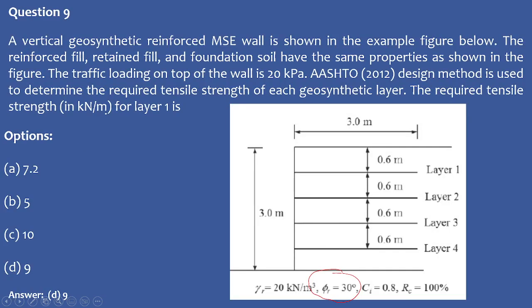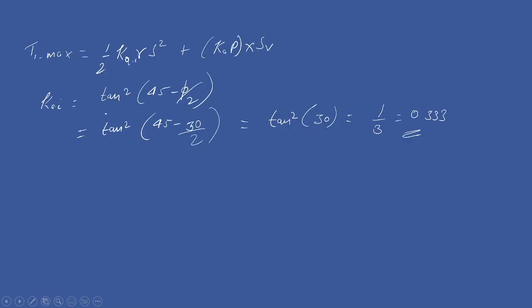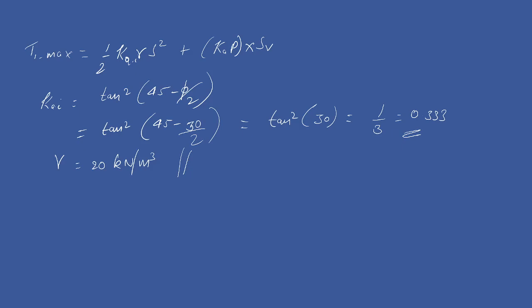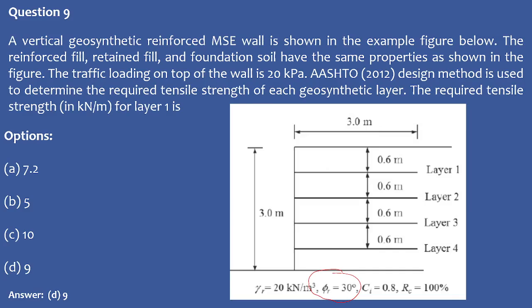And gamma we know is given as 20 kilonewton per meter cube, and since we need to determine layer 1, we know the tributary length. If you look at the diagram, the tributary length is given as 0.9 meter for layer 1.